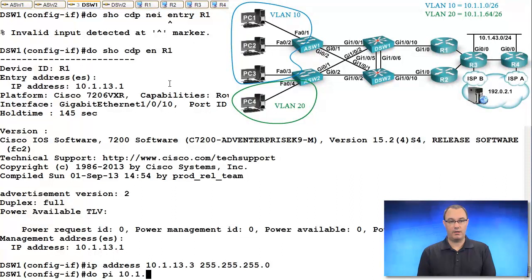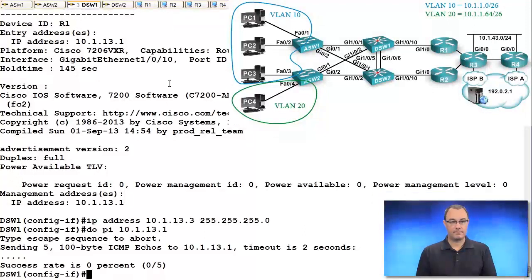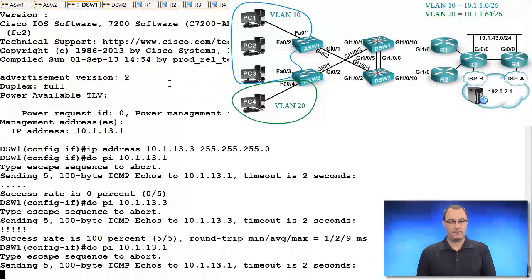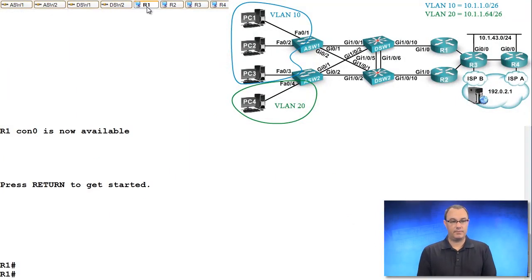I want to ping R1. Let's ping ourselves. Ping R1. Let's go to R1, see if there's any interesting thing going on in this interface.